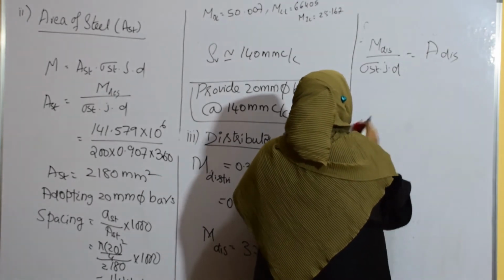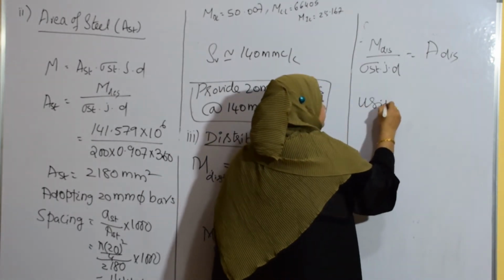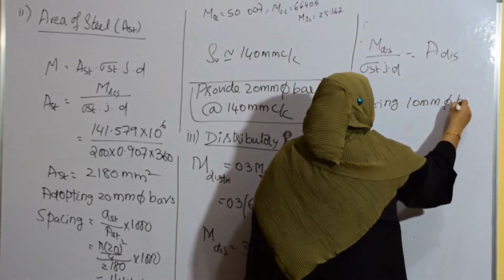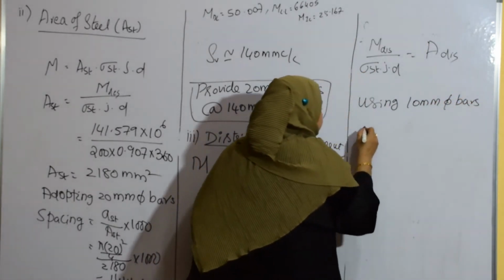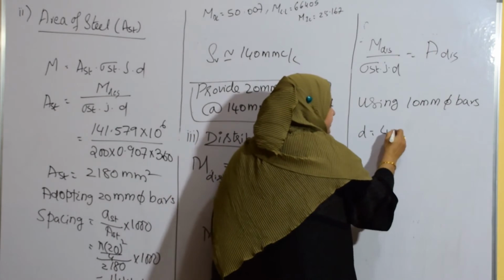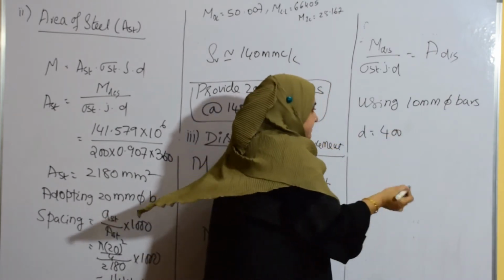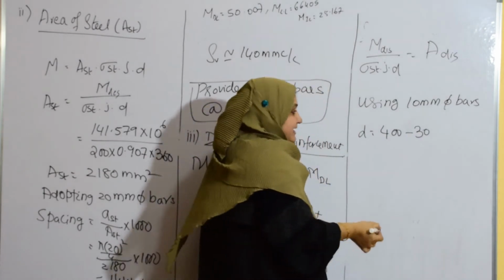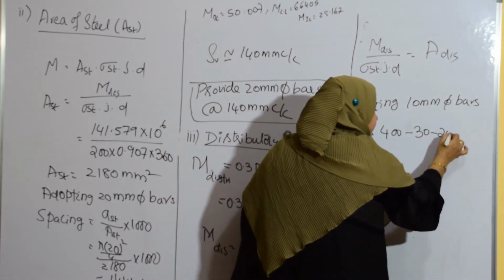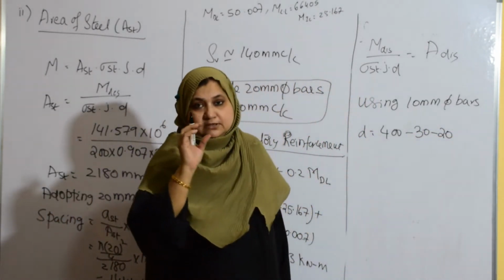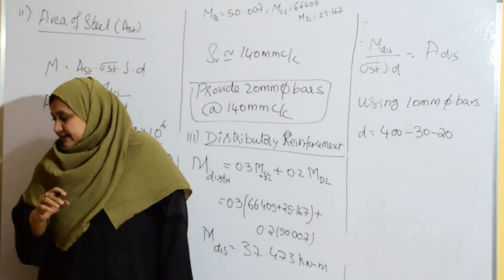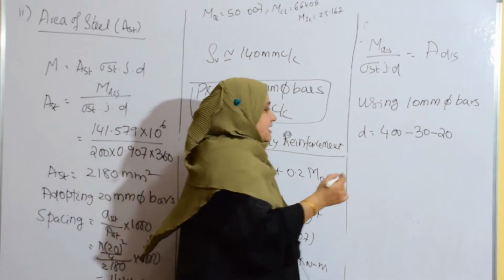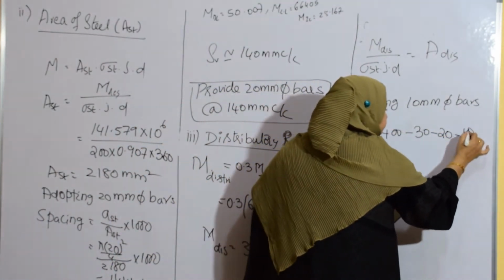Using 10 mm dia bars, we get d equal to total 400, minus 30 mm clear cover, minus 20 mm bottom reinforcement diameter, minus half the present diameter, that is half of 10 mm.